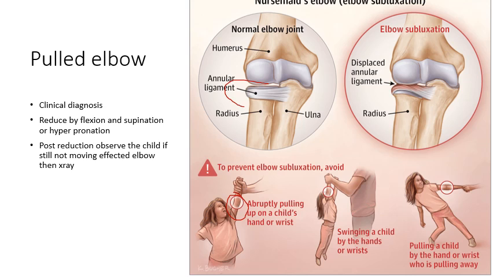This is the annular ligament, as you can see. The radial head can get dislodged from the annular ligament and sublux downwards this way. So this is known as pulled elbow.